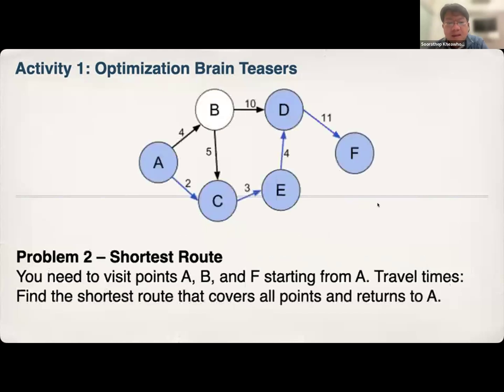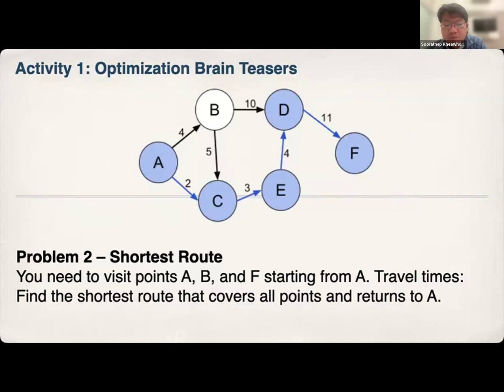The next problem, we have 3 problems. The next problem is you have to design the shortest route. You need to visit point A, point B, and point F. You start from point A. For travel time, you can see the travel time between each node in this graph.